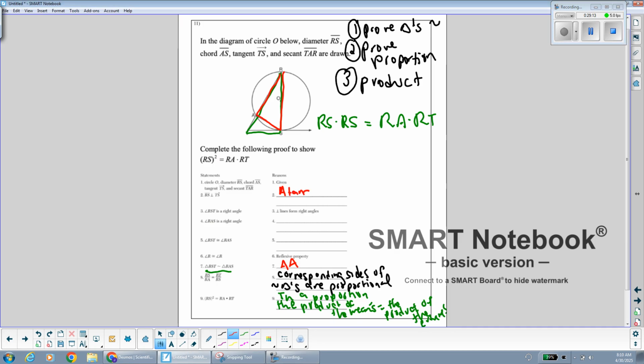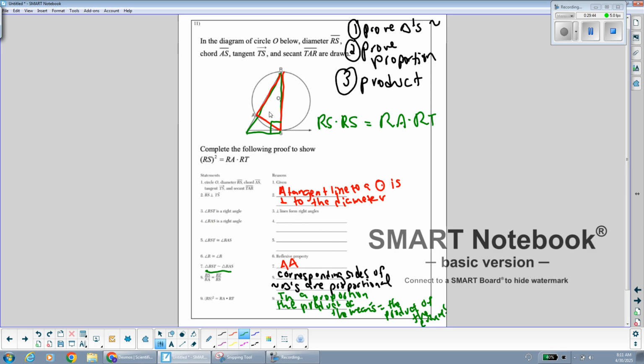A tangent line to a circle is perpendicular to the diameter or to the radius. Either one works. And from that, we can conclude that angle RST, so that's in the big triangle, it's this full angle, is a right angle. And they give that to us, perpendicular lines form right angles.